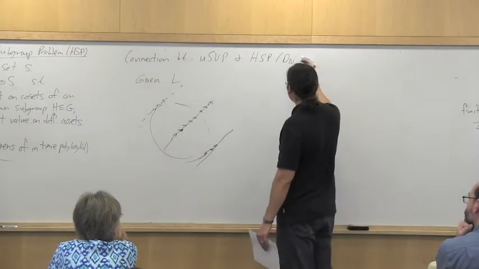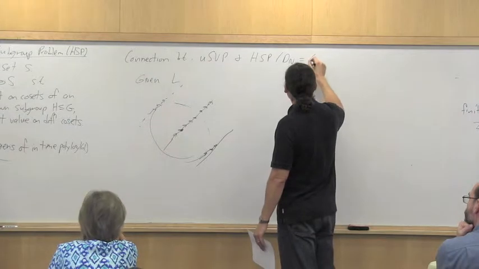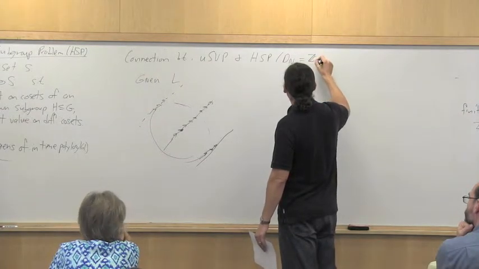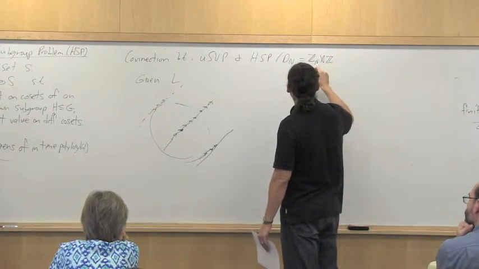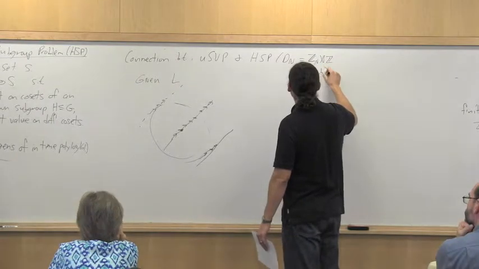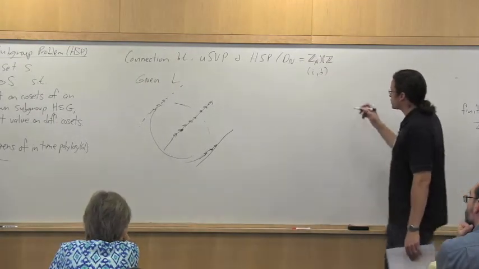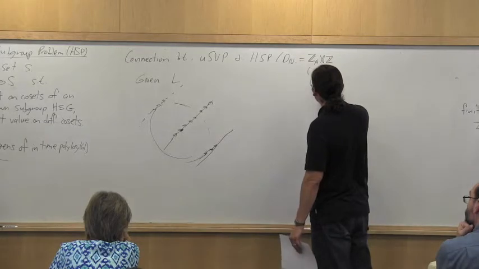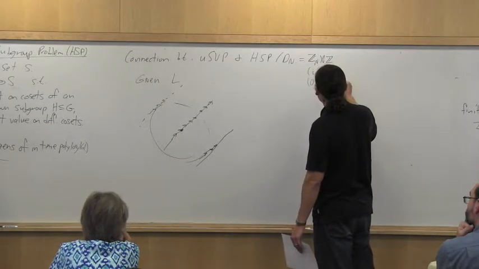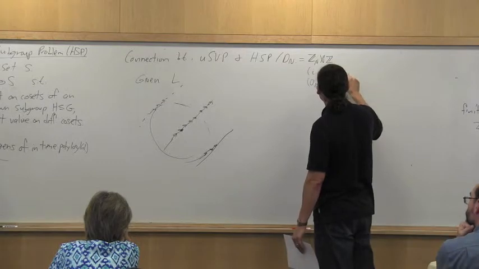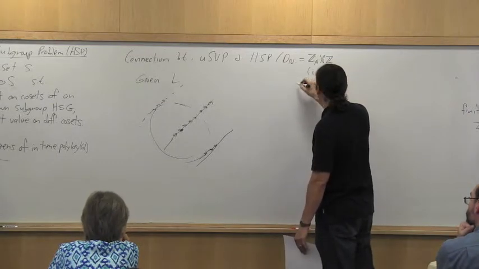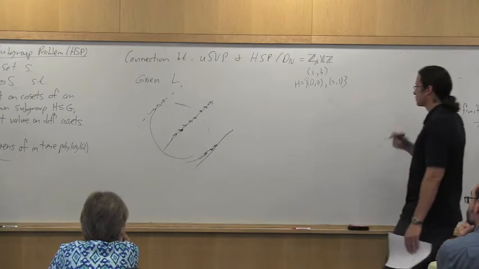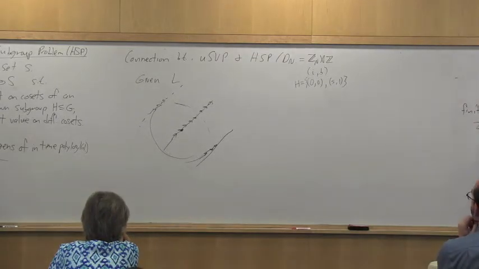So the dihedral group has elements, it's a semi-direct product of Zn and Z2, so we might write down elements as like i and then a bit. And an order 2 subgroup would contain the identity plus some other element S. Okay. So we'd like to set up something where the hidden subgroup looks like that.